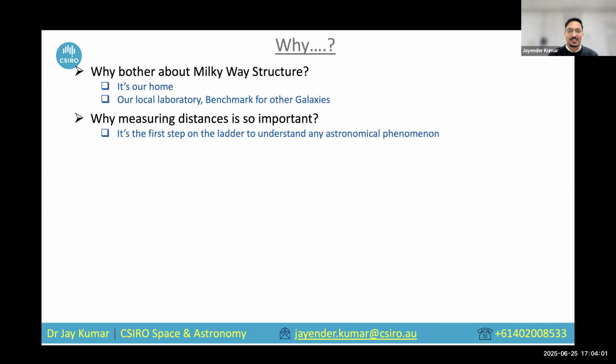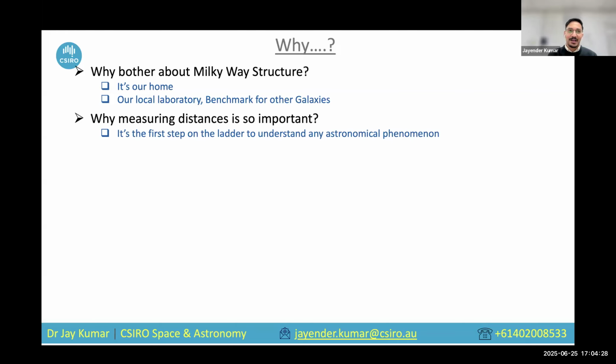Why measure distances? Why do we care about distances in the galaxy? It's the first step on the ladder to understand any astronomical phenomenon. I'm pretty sure all of us know that for almost all the measurements or calculations that we do, it's very important to have a distance to that particular source or object, wherever you are pointing your telescopes.